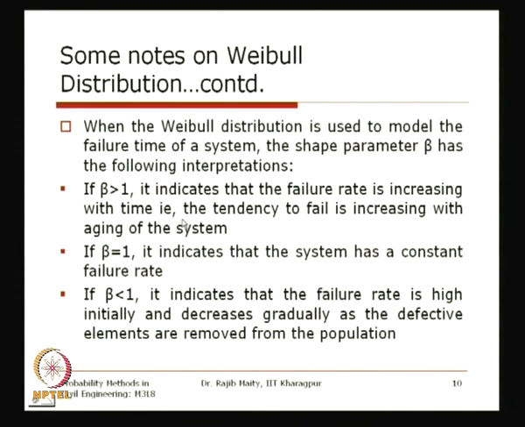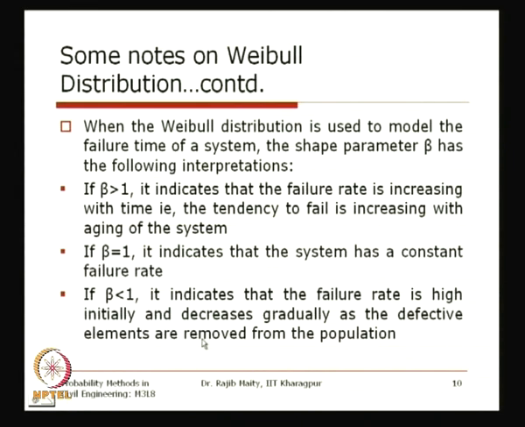Similarly, when some particular structural member or the structure itself, due to its aging problem, passes more time, the chances of failure increase. For that kind of case, the Weibull distribution with beta greater than 1 will be suitable. On the other hand, when beta is less than 1, it indicates that the failure rate is high initially and decreases gradually as the defective elements are removed from the population.